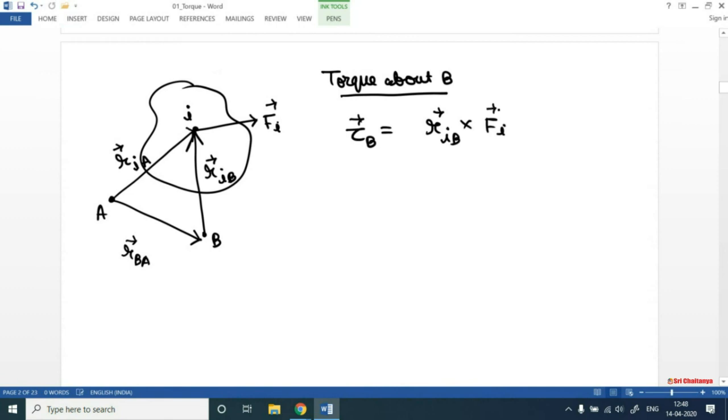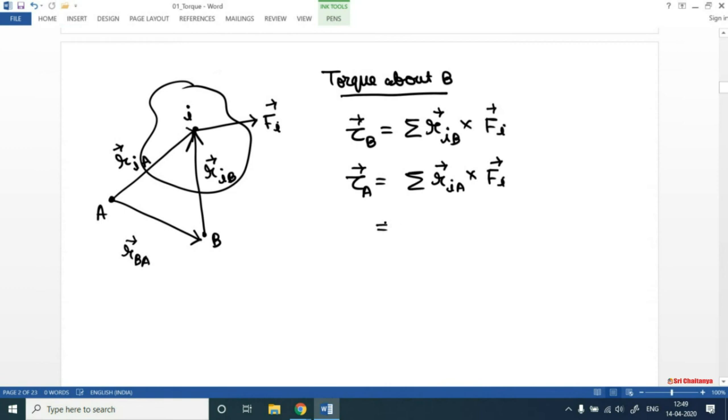So that is torque about B. And torque about A can be written as summation of RIA cross Fi. Okay, so we want to have a relationship between tau B and tau A over here.